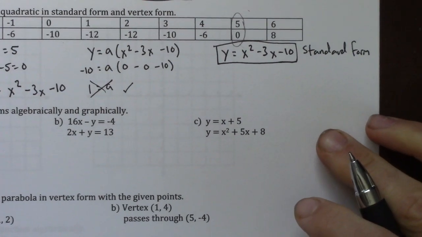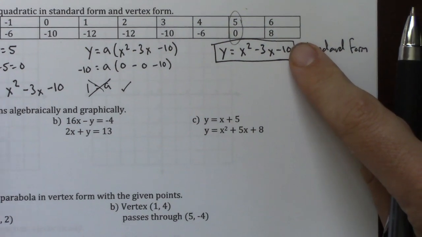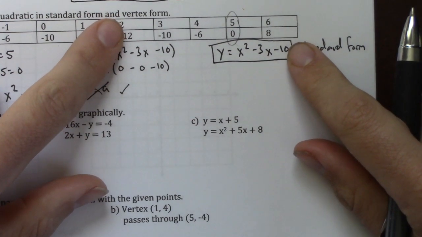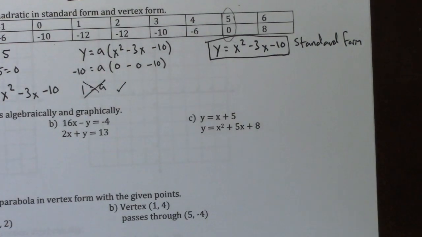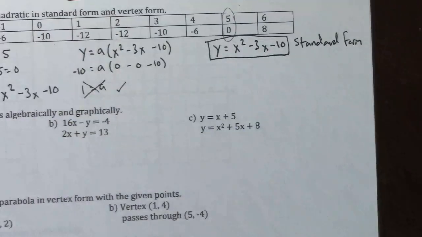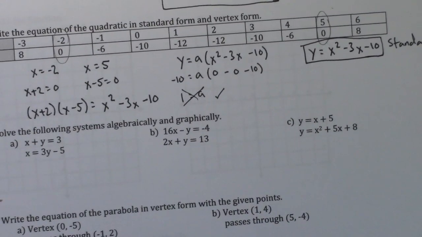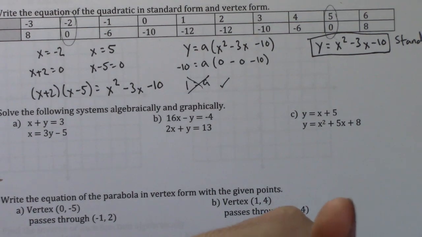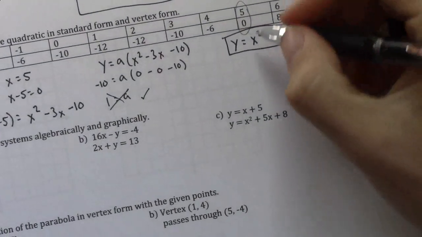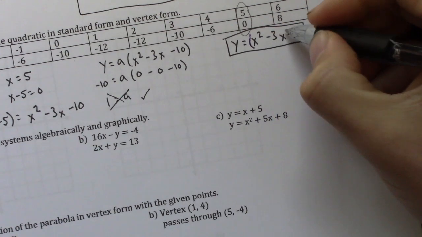Now, as a reminder, to turn that standard form into vertex form, we complete the square. So I'm going to grab another pen. We start off by putting parentheses around our x's.